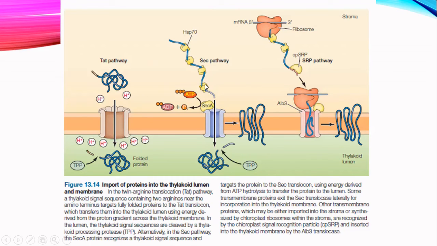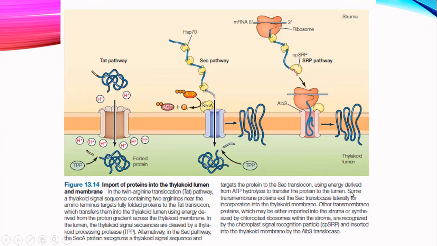SecA identifies the protein, but the protein thread needs HSP70 to get in. HSP70 will sit on the lumen and only allow this thread of protein to pass through the pore.